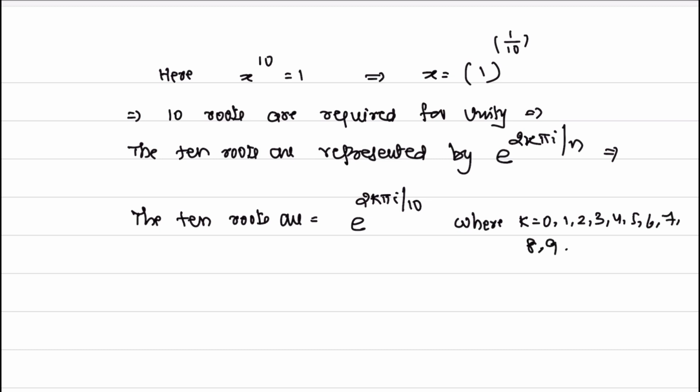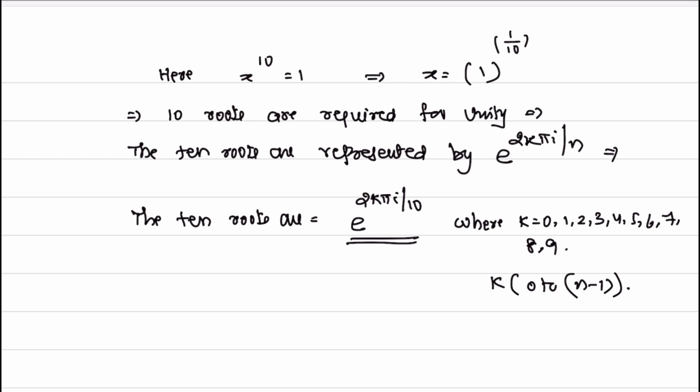K is equal to 0 to n minus 1. Apply the k values one by one in this, and you will get the 10 roots.